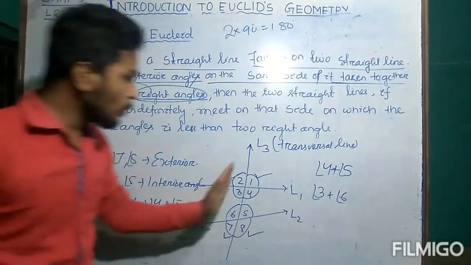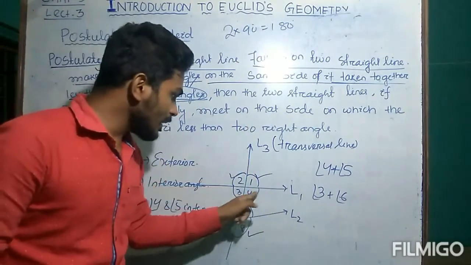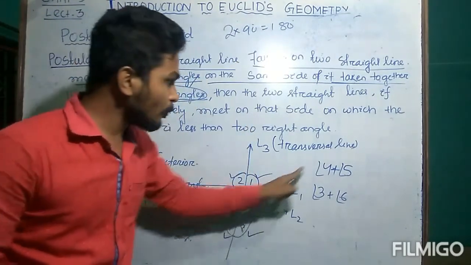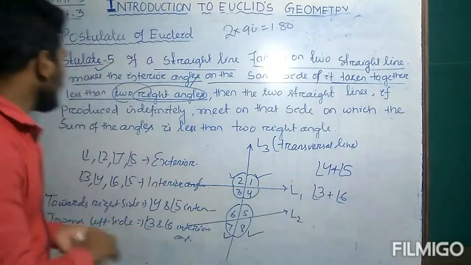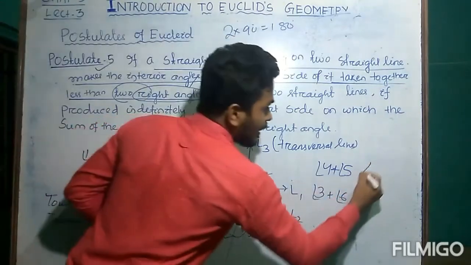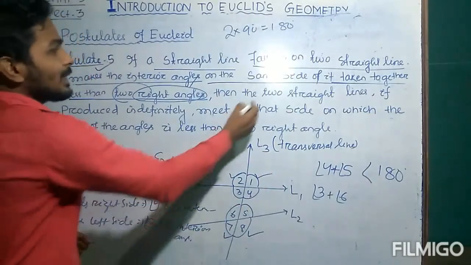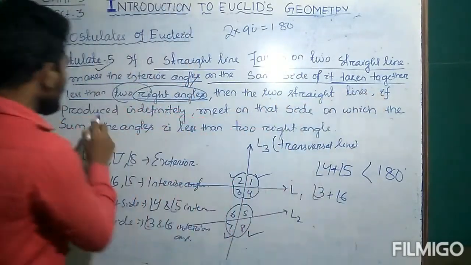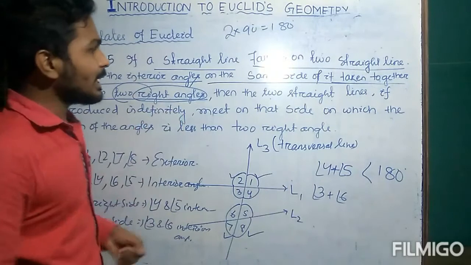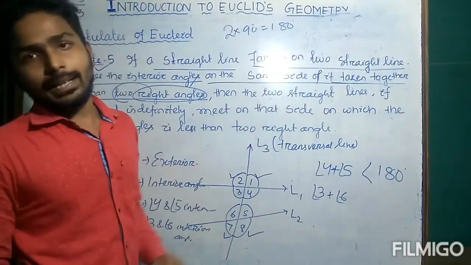If one side of this line has two interior angles, 4 and 5, and their sum is less than 180 degrees, then the two straight lines, if produced indefinitely, meet on that side.